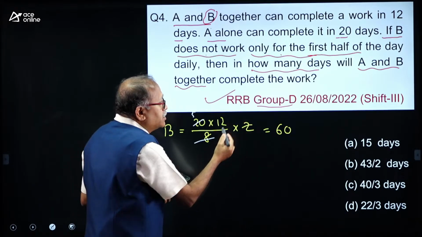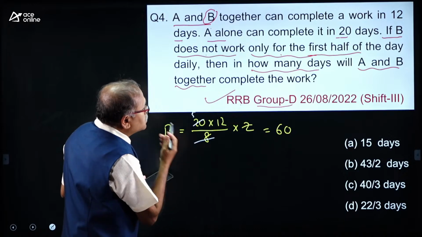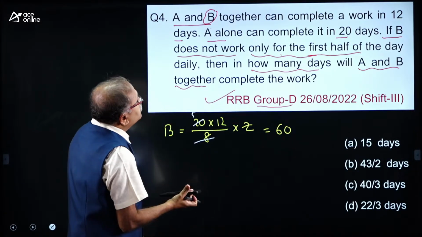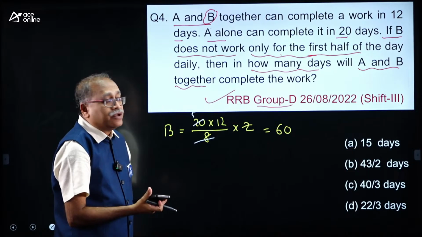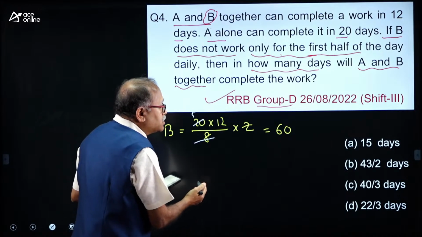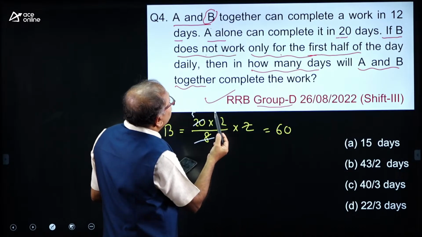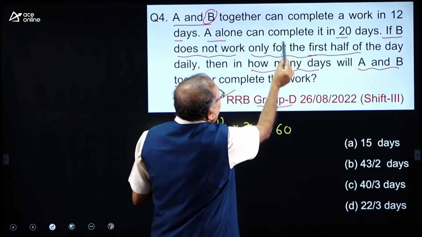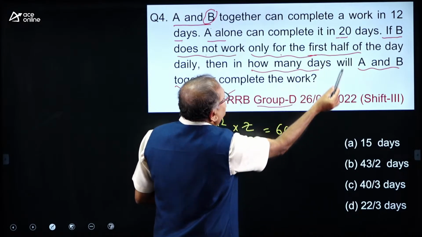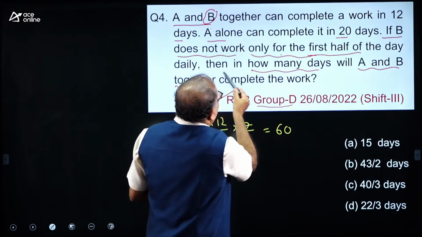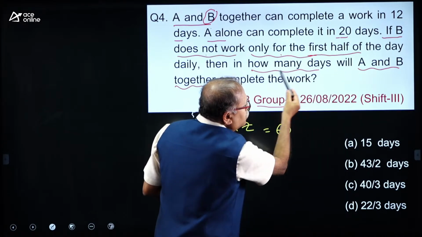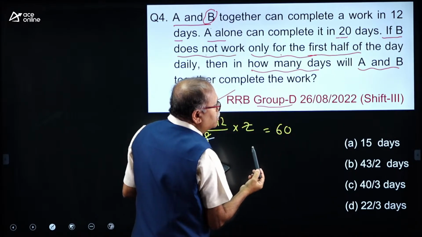Then what I do over here is 60 into 20, is it not? It is very simple now. We are dealing with question number 4. A alone can complete the work in 20 days. The question is, then in how many days can A and B together complete the work?